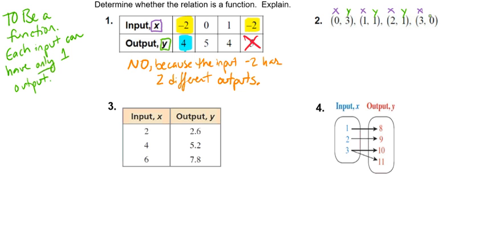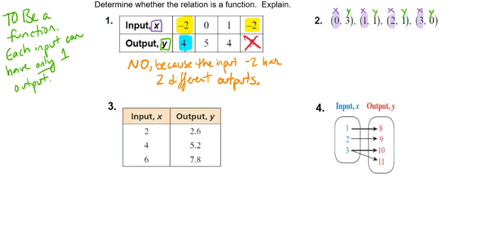So we have all of our inputs and all of our outputs. As we begin to look at all of our inputs, 0, 1, 2, 3, for this particular set of values, we don't have any inputs that repeat. And so we're not worried that these two outputs came from different inputs. It doesn't matter. Maybe your grandma's chocolate chip cookie recipe is different than my grandma's chocolate chip cookie recipe.